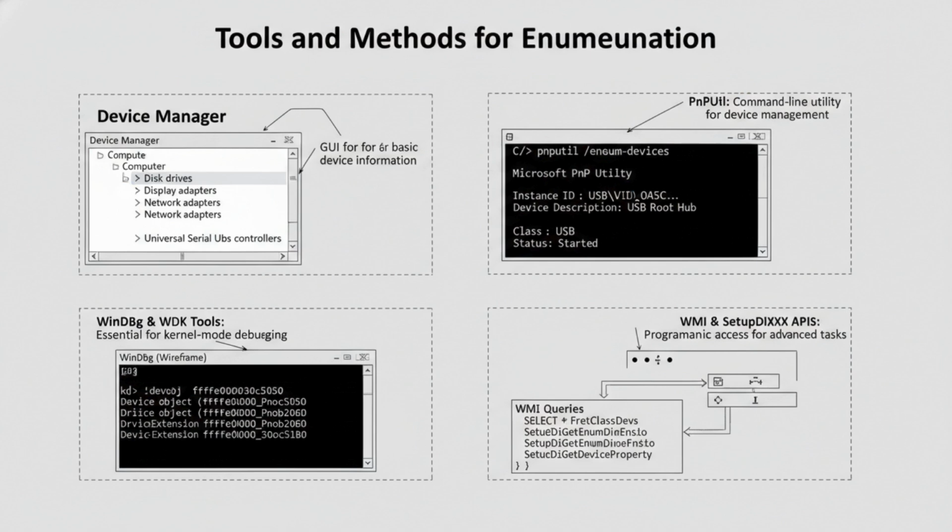Finally, for programmatic access, Windows offers the WMI and SetupDi APIs. These APIs allow developers to enumerate devices, query their properties, and manage them programmatically, offering flexibility for custom tools and scripts. Each tool serves a different purpose, ranging from user-friendly interfaces to powerful kernel-level introspection.